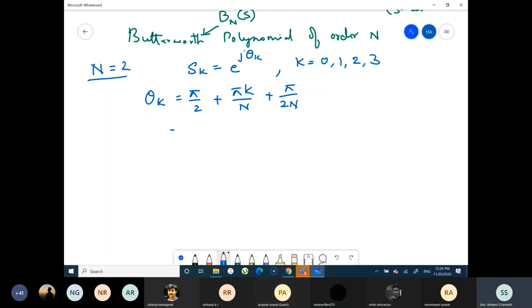Substituting the value of n: pi by 2 plus pi k by 2 plus pi by 4. Pi by 2 plus pi by 4 is 3 pi by 4. So that is 3 pi by 4 plus pi k by 2.